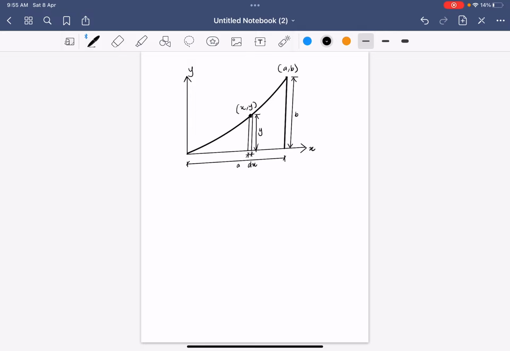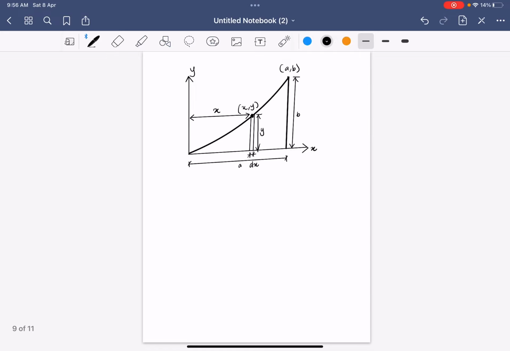For the x bar e, we know that this is x, since this is the distance from these coordinates to the y-axis.